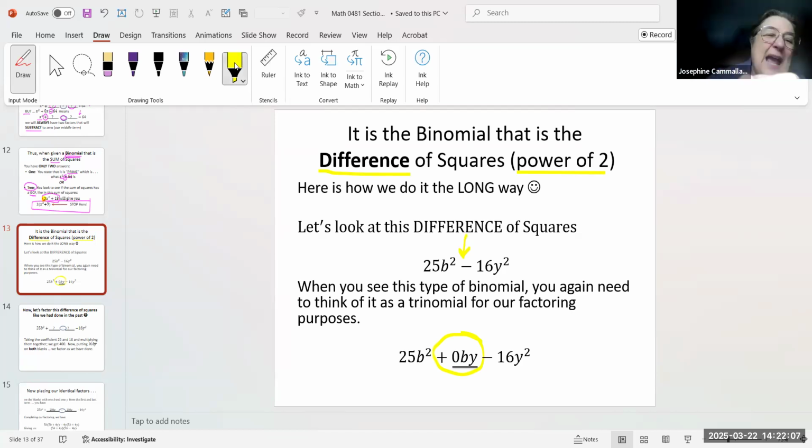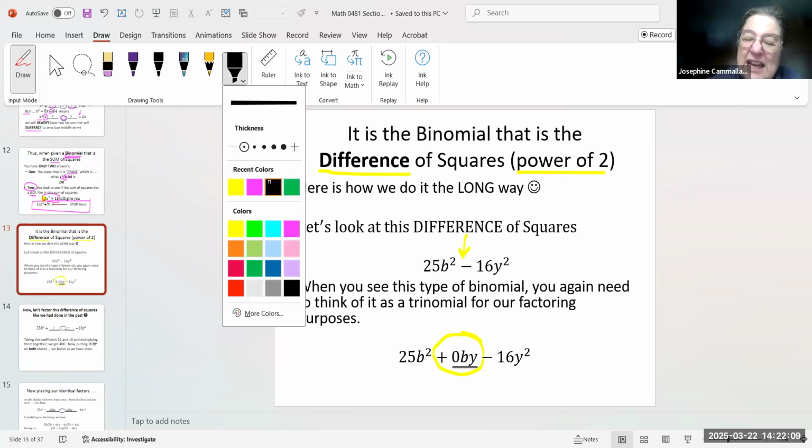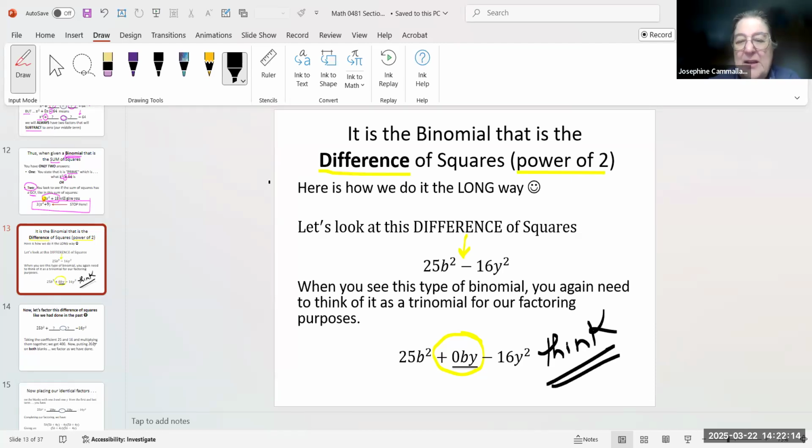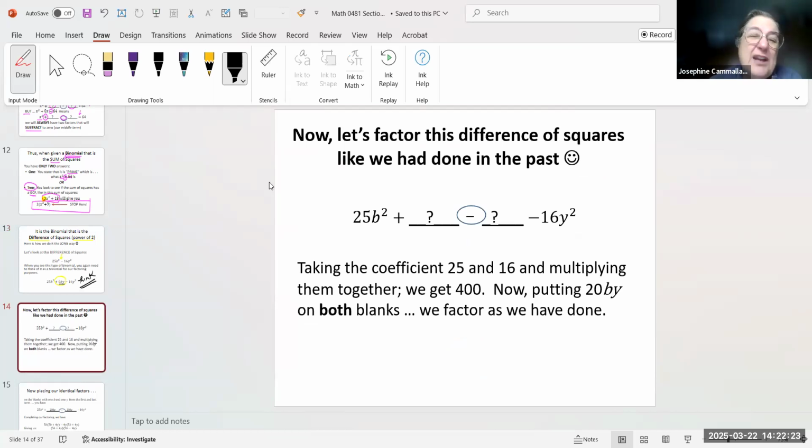This is what you have to think. This is the old way that we've done it. Okay, plus 0by. That's the middle term. Now, when we try to factor it like we've done in the past, we'd put a plus here, minus here. And the reason is we need a negative 16. Negative 16.